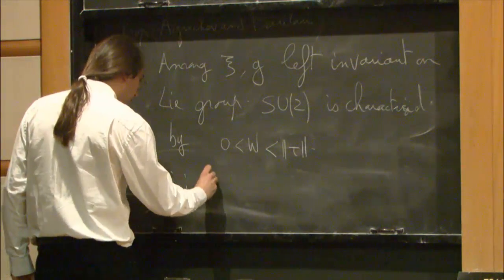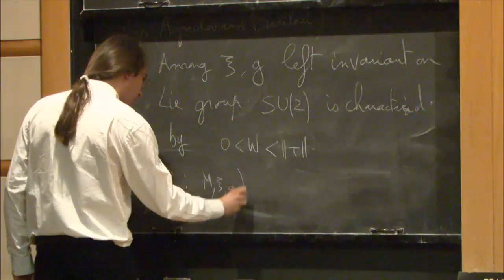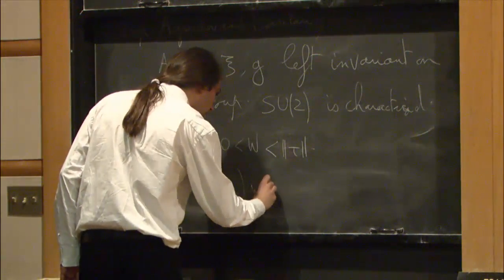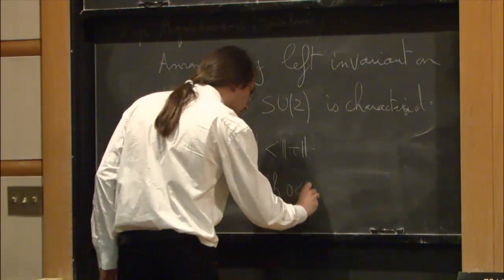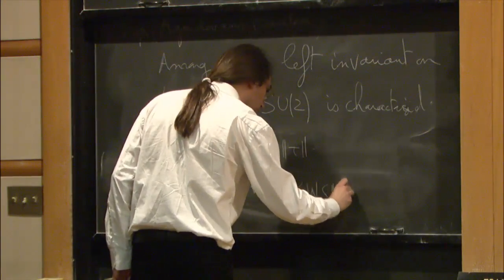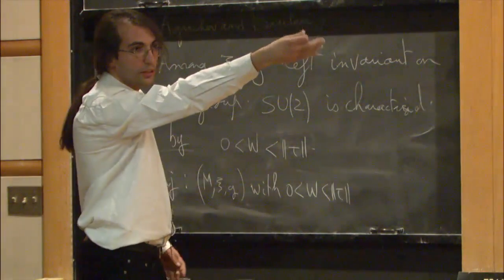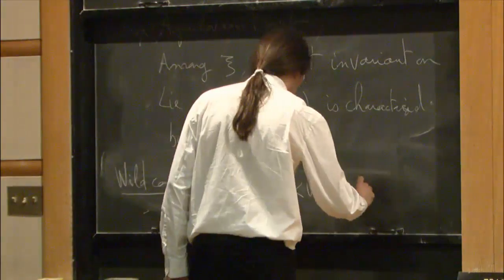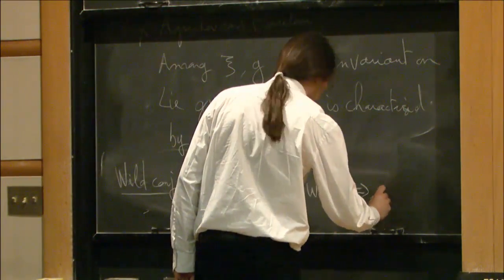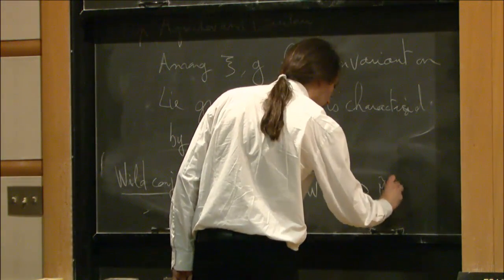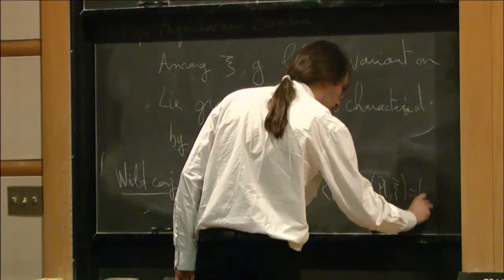Maybe if you've got any (M, ψ, g) with 0 less than W less than norm tau, that again you can rewrite in other terms if you want, this implies that ψ is standard. I mean that (M̃, ψ̃) is the standard S3.